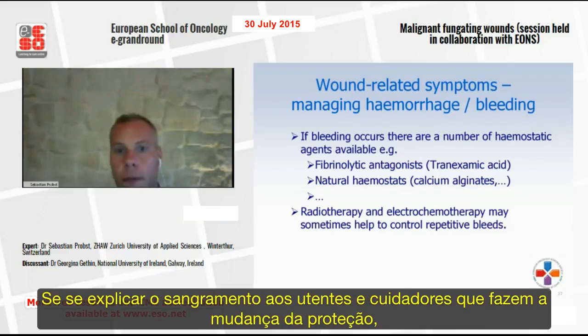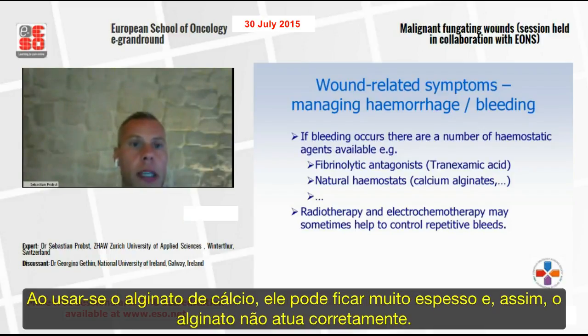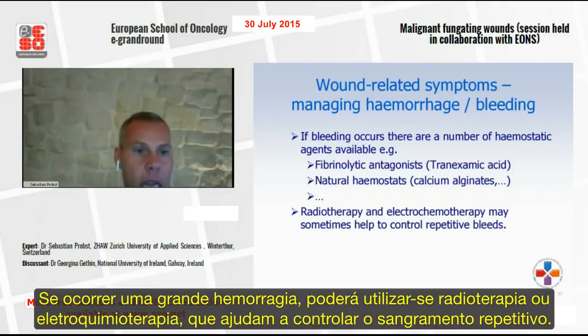Otherwise, if you explain bleeding to patients and informal carers, especially if they are doing the dressing change, then we can recommend tranexamic acid, like tablets, or you can use calcium alginates. But it's important, if you use calcium alginates and it's bleeding, then it can get very thick and the alginate doesn't act correctly. Otherwise, if it's heavy bleeding, you can use either radiotherapy or electrochemotherapy that can help to control repetitive bleeding.